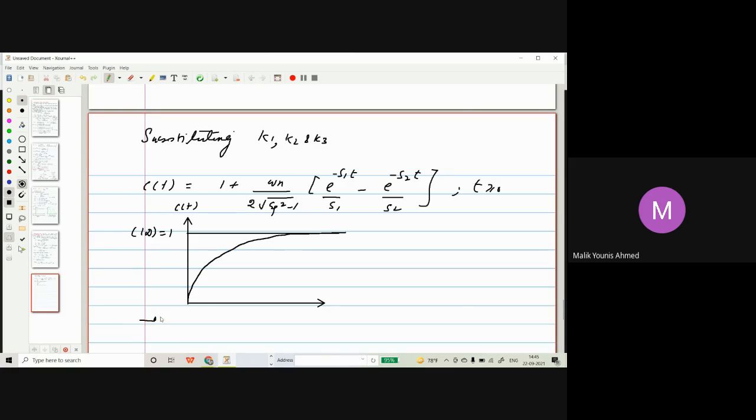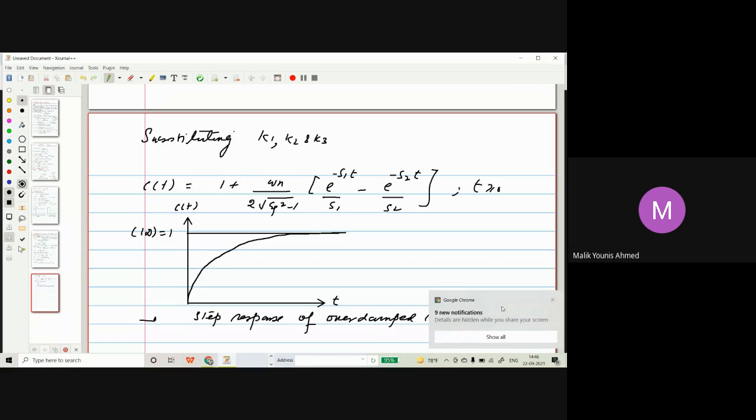That is the step response of an overdamped system.